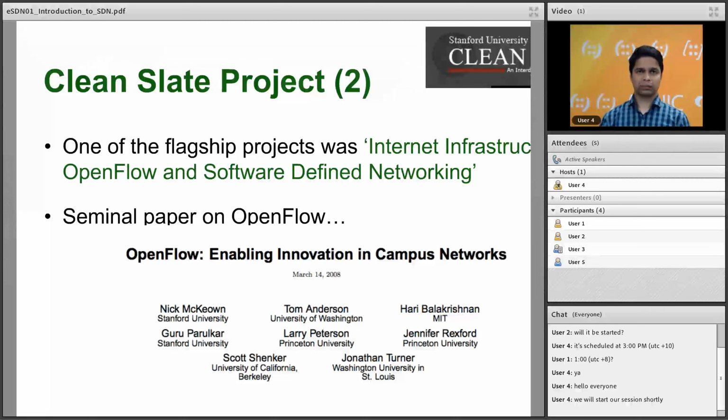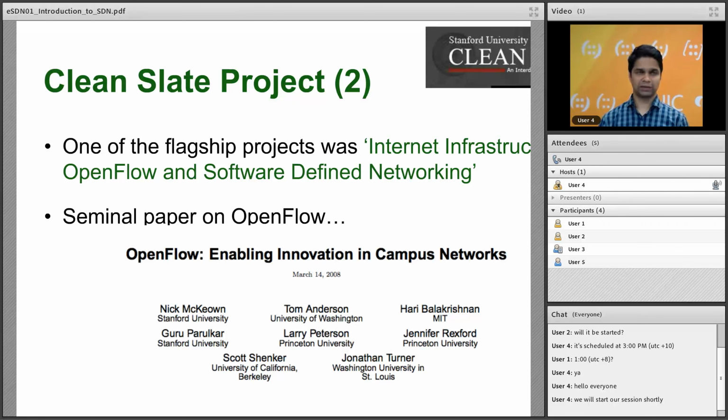One of the outcomes of this Clean Slate project was internet infrastructure, OpenFlow, and software-defined networking. The output of this activity was the seminal paper known as OpenFlow: Enabling Innovation in Campus Networks. This work kicked off the SDN movement, and the networking world would never be the same again.